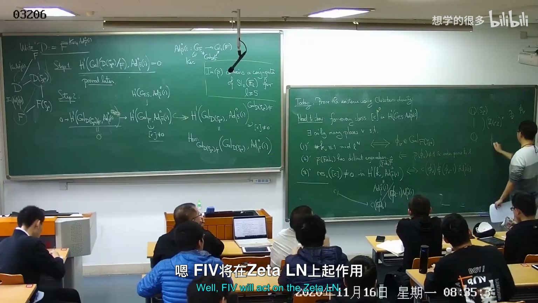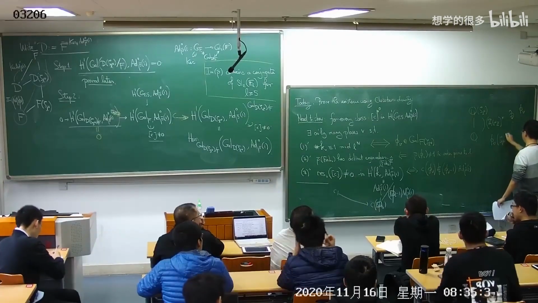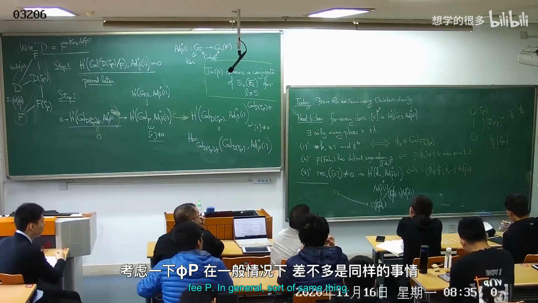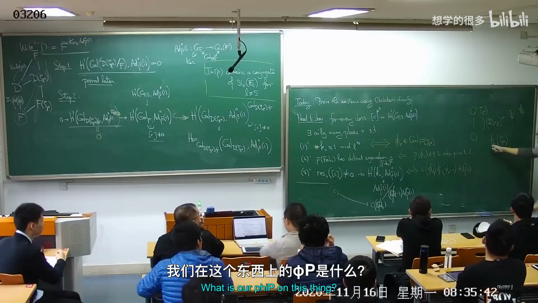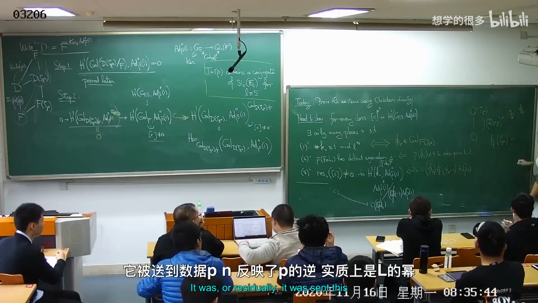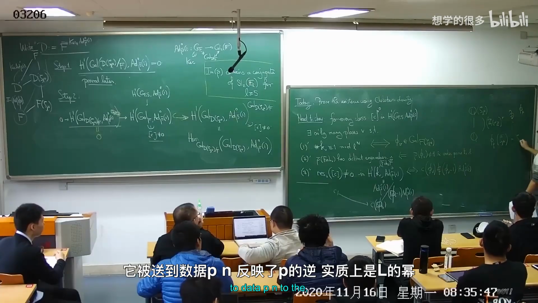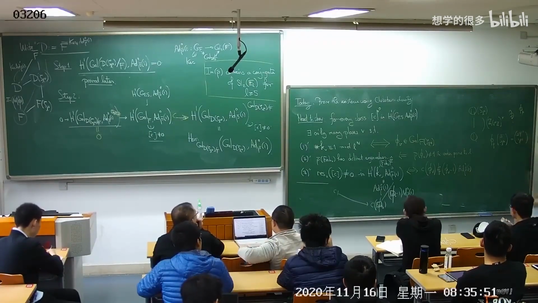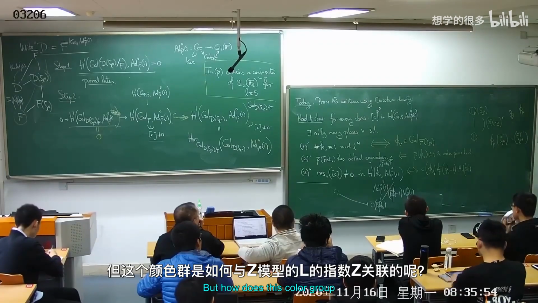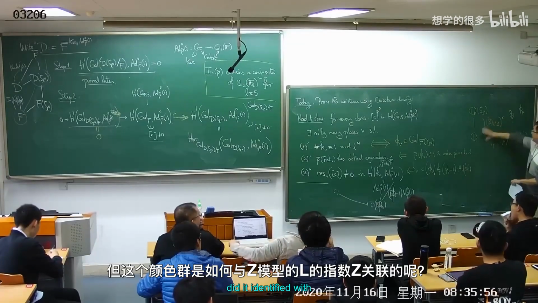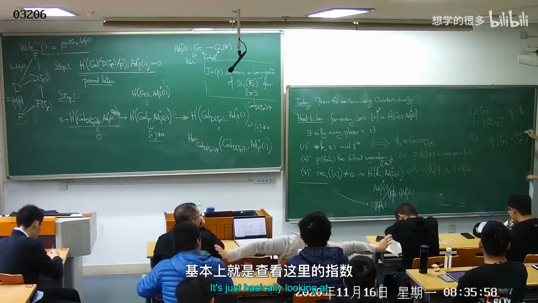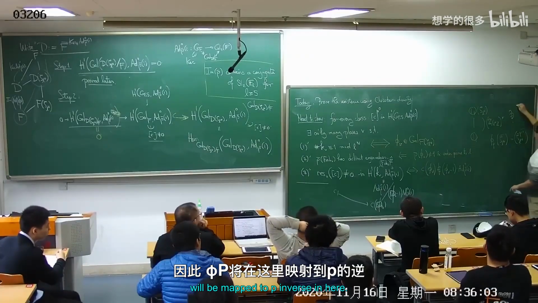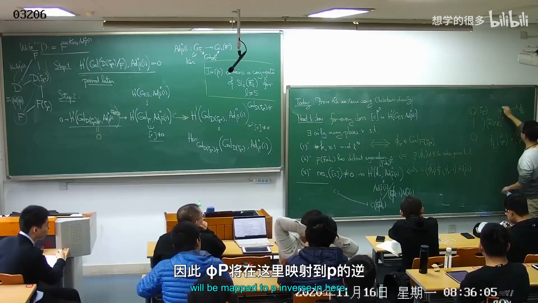Well, phi v will act on zeta L to the N. Just think about phi p. In general, it's the same thing. What does phi p do to this? It will send zeta L to the N to zeta L to the N to the P inverse, right? How is this Galois group identified with Z mod L to the N Z cross? It's just looking at the exponents here. So phi p will be mapped to P inverse in here.